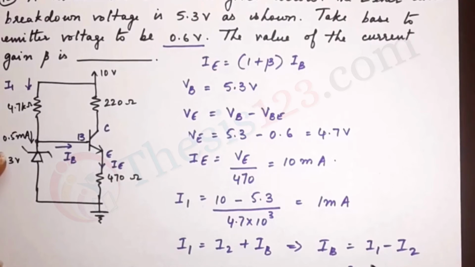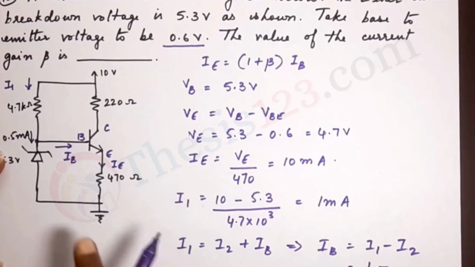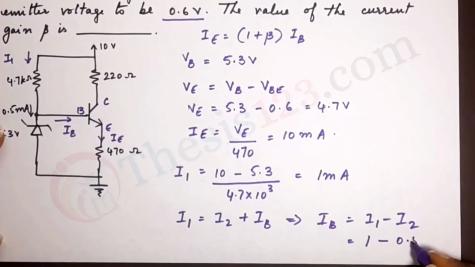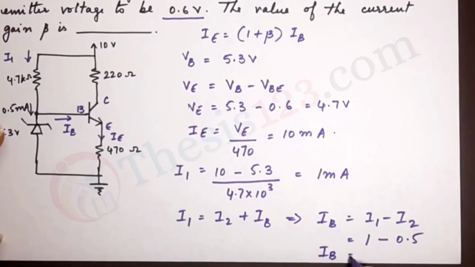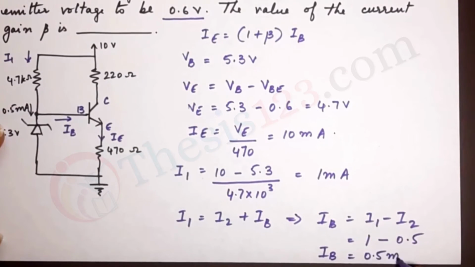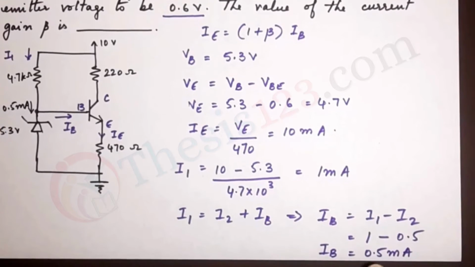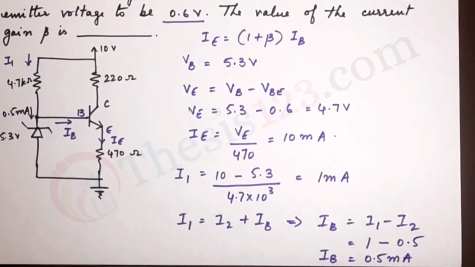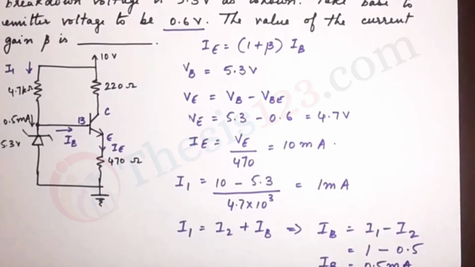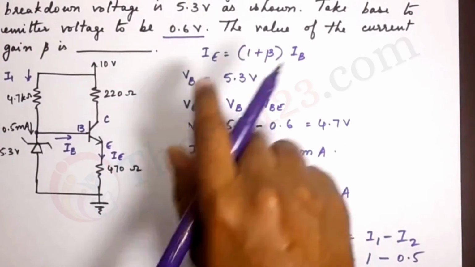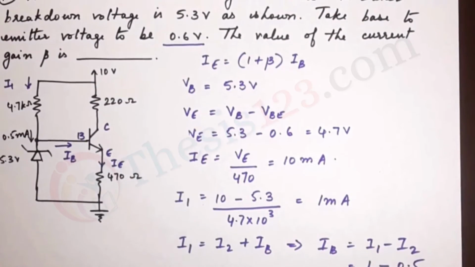So I1 minus I2, 1 milli minus 0.5. So IB is 0.5 milliamps. IB is 0.5. We have IE as 10. Now we substitute both into this and find out what our final answer is.